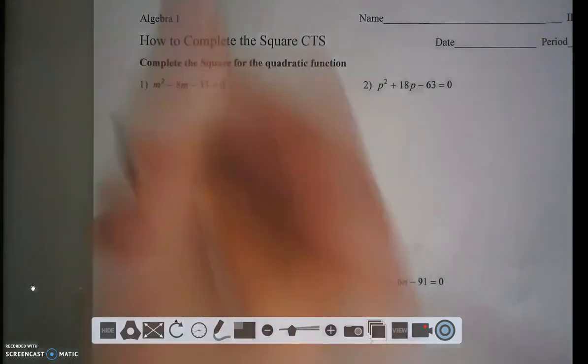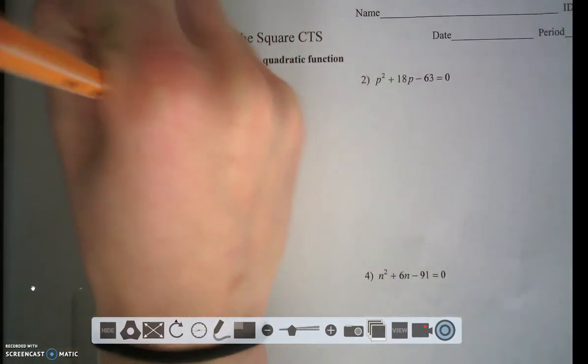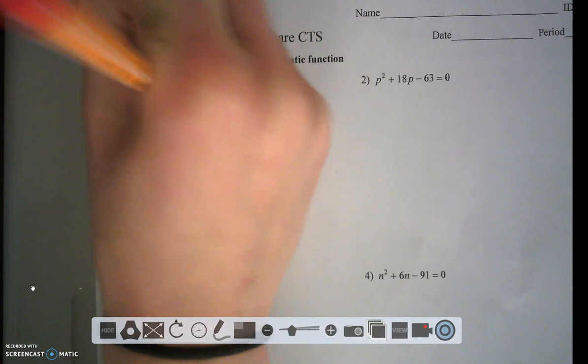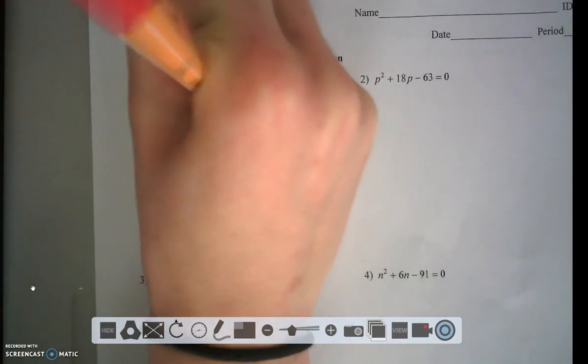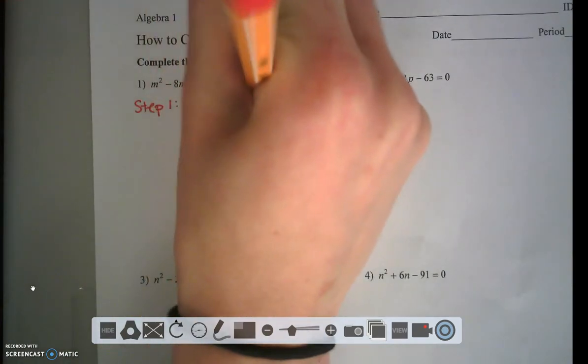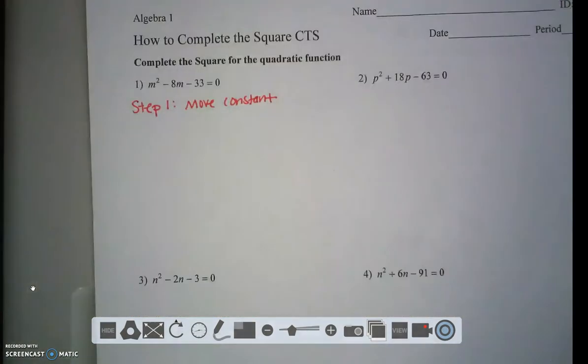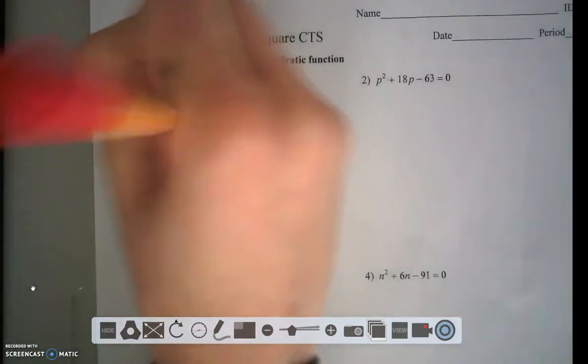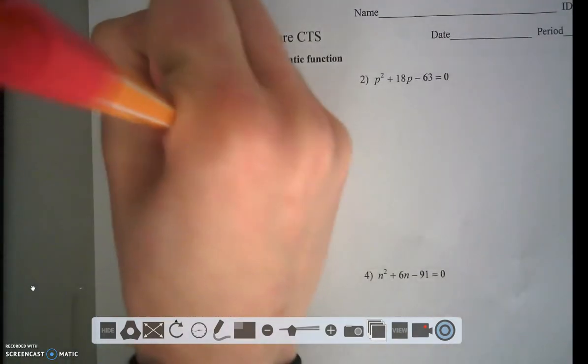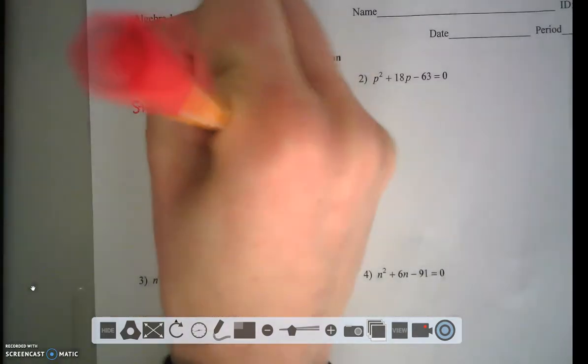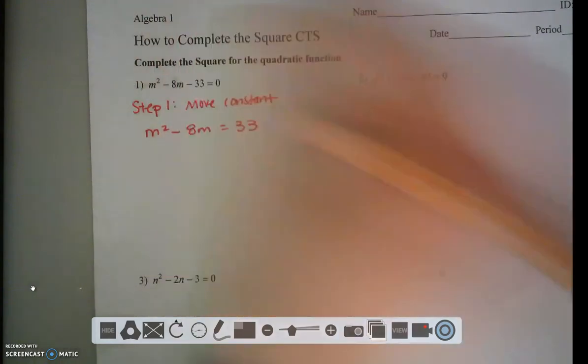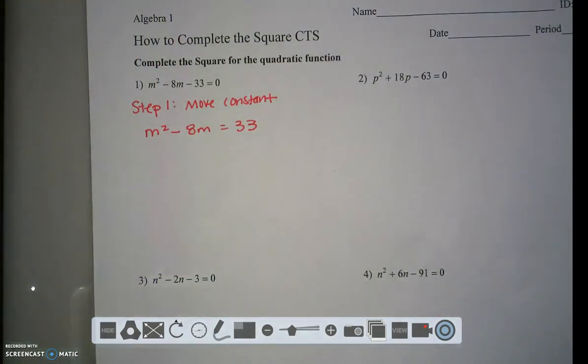The first step, step 1, move your constant. When I mean move constant, I'm going to change this so that it is m squared minus 8m equals 33. I then want to create what is called a vertex template.